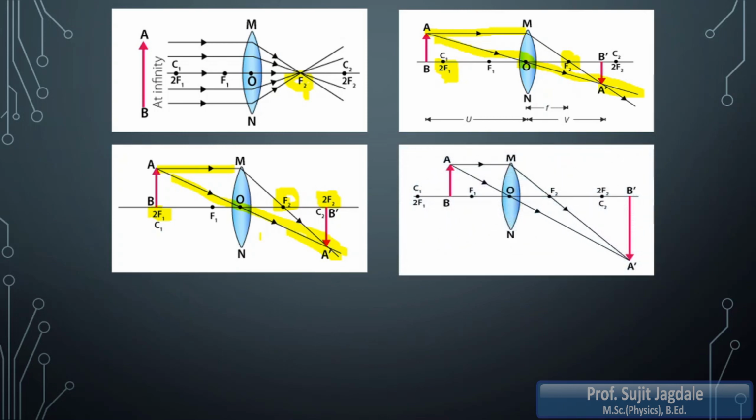Then the fourth one is between twice f1 and f1. Now you can see that the image is larger, and it is beyond twice f2.